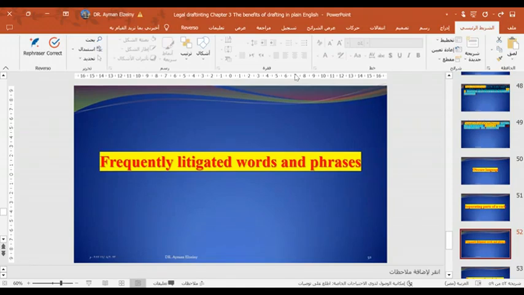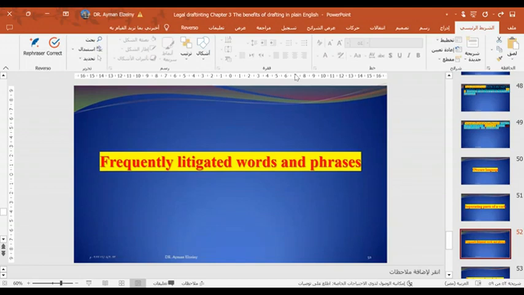Such a phrase, such a clause, is not confined to contracts. It is used in various contexts, including letters, statutes, and professional undertakings.